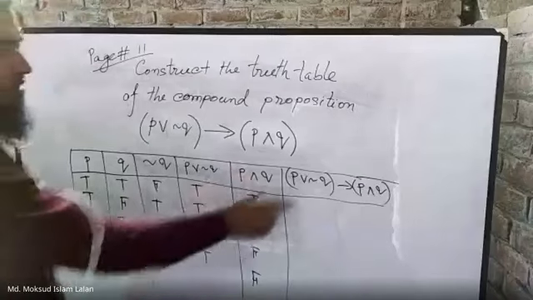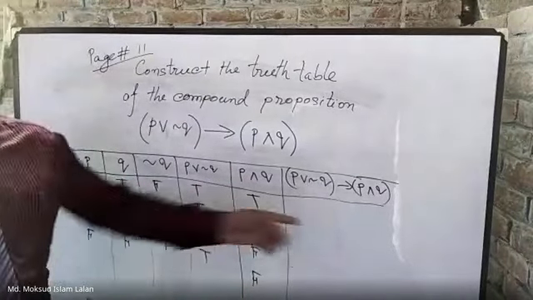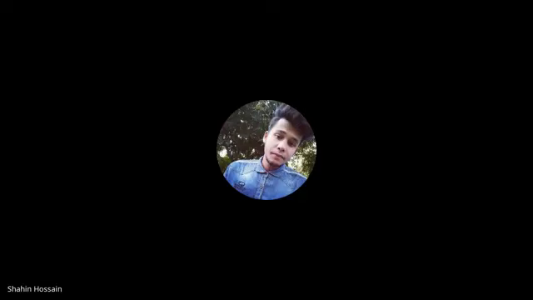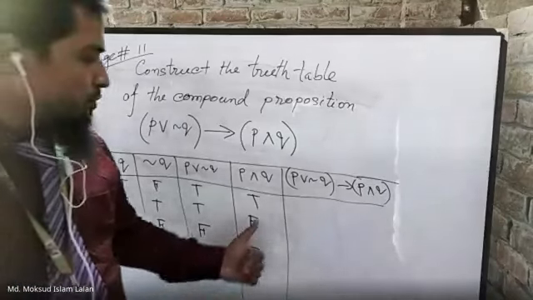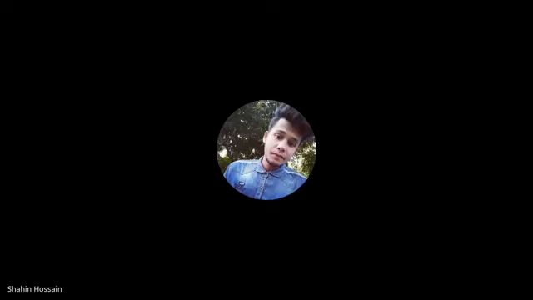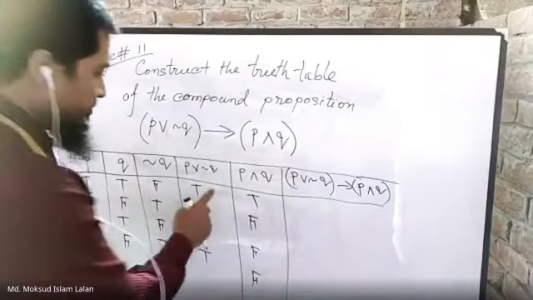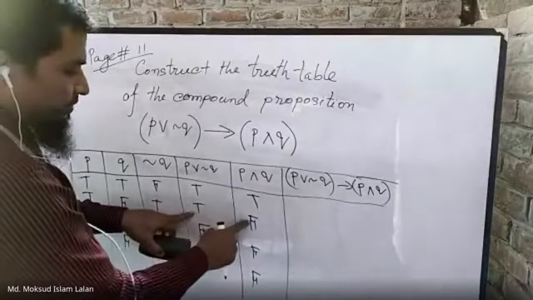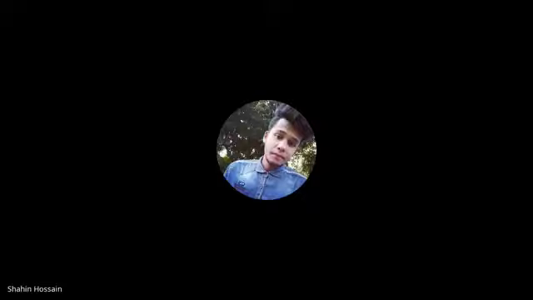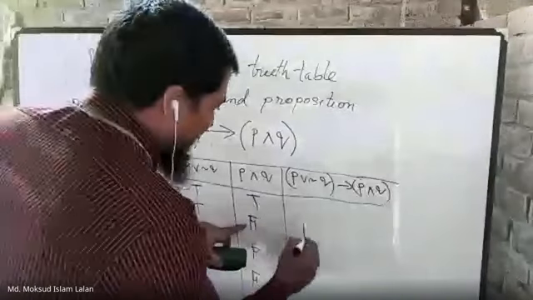We have done now the conditional statement. So for the conditional statement, we know if P is true and Q is false, then the result of the conditional statement is false, right? Otherwise, true. So we have to check between this one. So the second one TF, and the fourth one. This one satisfies this F, right?